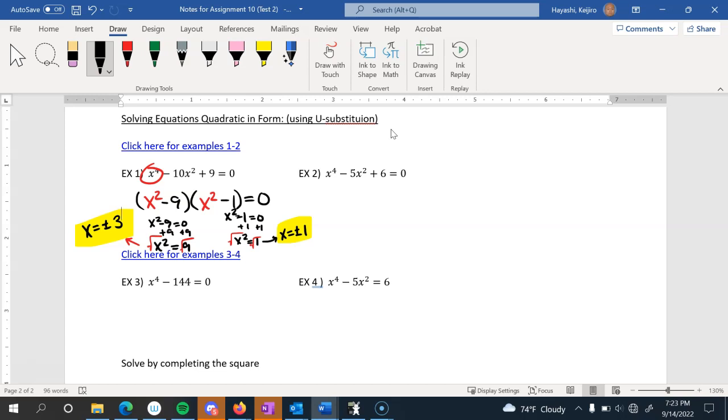Now, example 2. Let's pretend for a second that we're just dealing with something like x squared minus 5x plus 6 equals 0.